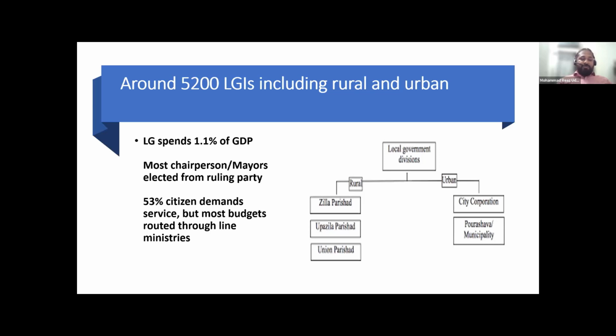We know 53% of the citizens receive public services in the areas of health, education, access to clean water, social welfare, infrastructure, security, sanitation, and other services through LGIs. But the line ministries and the central government control most of the budgets for service delivery, including the salaries for doctors, teachers, and so on and so forth.